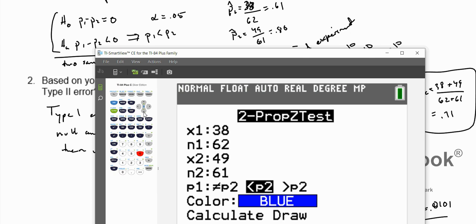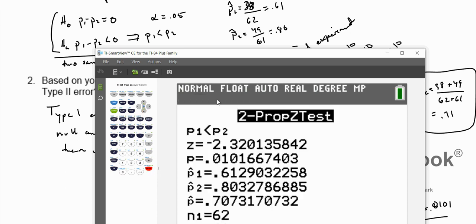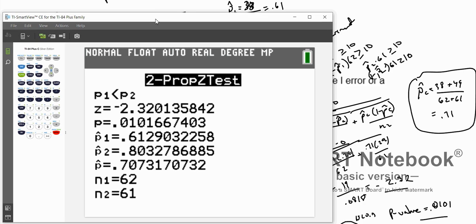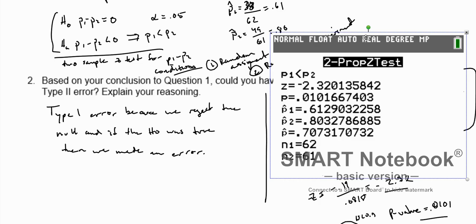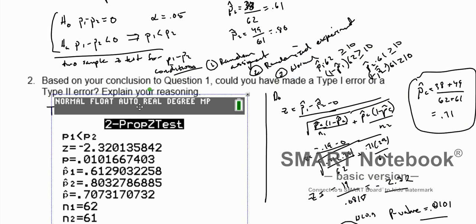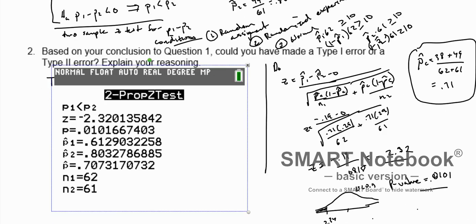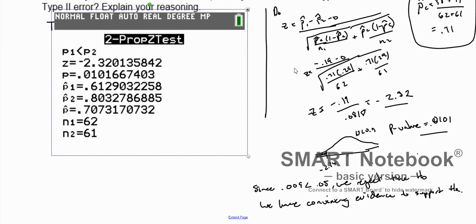If you go down to each one of these different values, you may have changed the color if you want, but now we're going to calculate this. You can see it gives us everything we want. Here's our test statistic. You can see our z, once again, is the same.